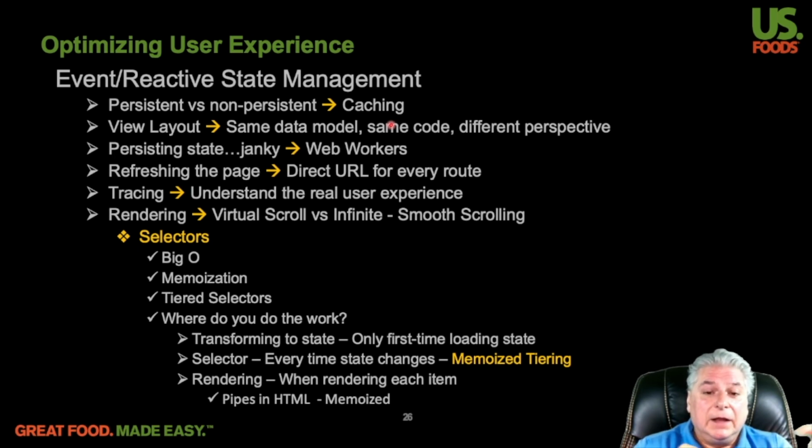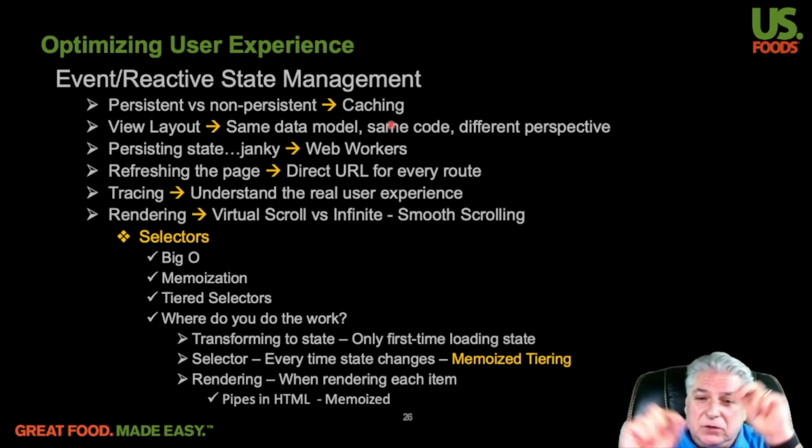So if it knows with these same arguments coming in, I don't have to do all the calculations again because nothing has changed. In a pure function, nothing can change, right? State management kind of helps us get there. So if nothing can change, you can cache the last result and return that last result in 2 or 3 or 5 or 10 milliseconds versus maybe 200 or 300 milliseconds that it took to originally calculate that out.